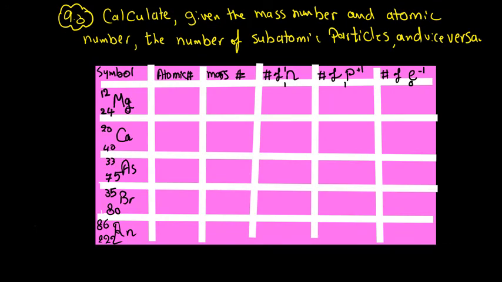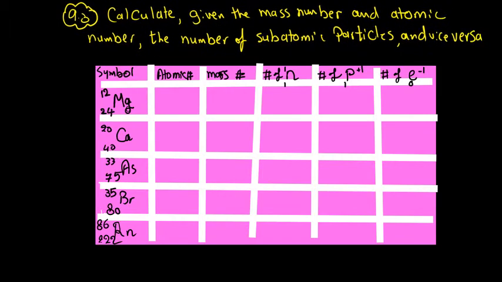In this KPI, you should practice the mass number, atomic number, and number of subatomic particles in some atoms. I wrote here 3 or 4 atoms, and as an example you can practice more. Question 1, Mg, the symbol for the magnesium atom, 12 and 24.